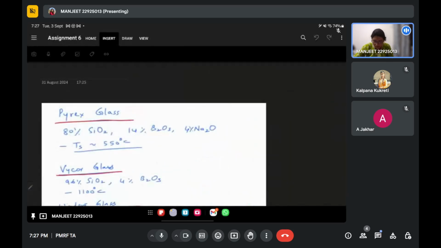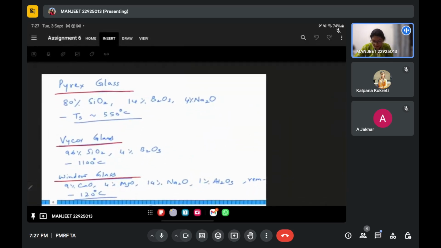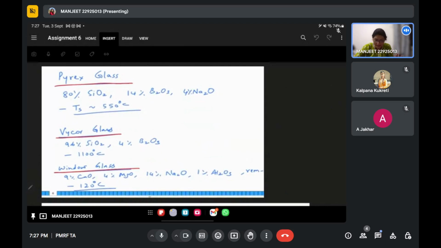The Pyrex glass is made up of 80% silica, 14% borate, that is B2O3, and 4% sodium oxide, that is Na2O. The softening temperature is around 550 degrees Celsius.